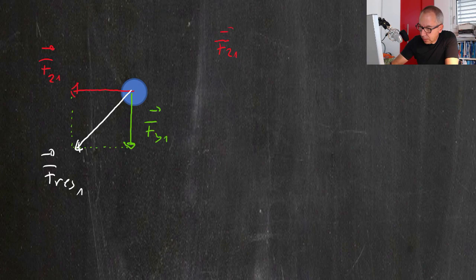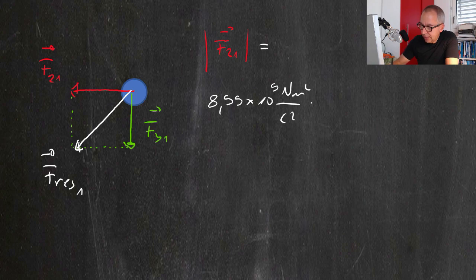F21 magnitude is given as K, which is 8.99 times 10 to the power of 9 Newton meter squared per Coulomb squared.